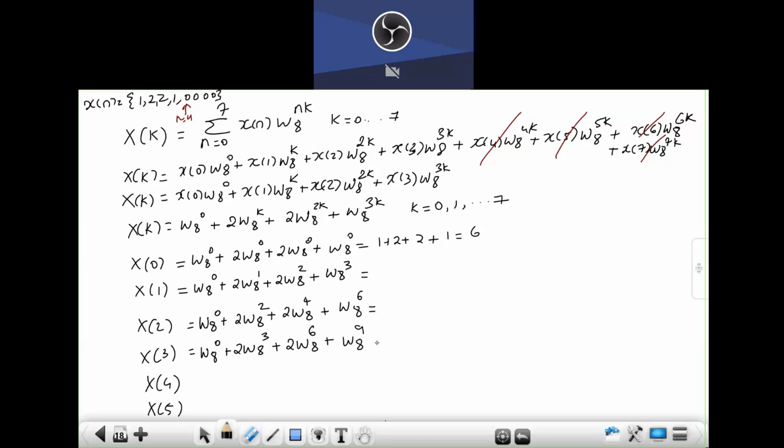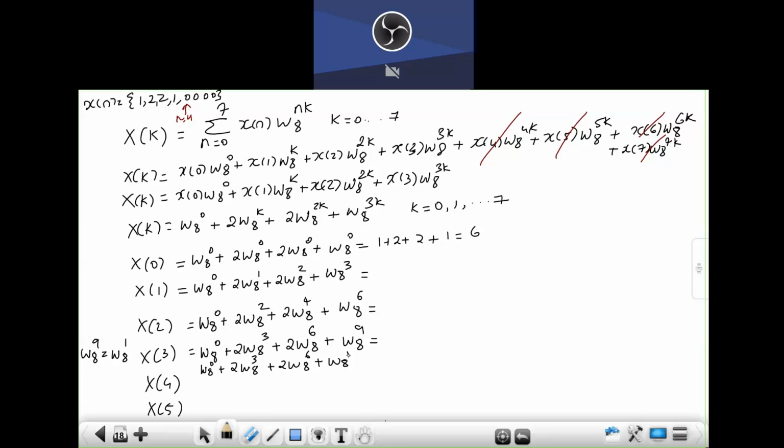So you know that W8 power 9 is same as W8 power 1, isn't it? N plus k. So you can write this expression as W8 power 0 plus 2 W8 power 3 plus 2 W8 power 6 plus W8 power 1.